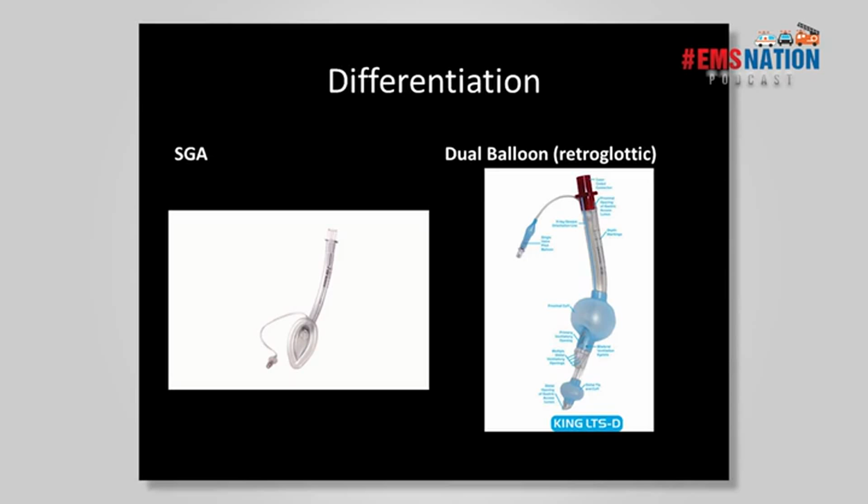Those are the retroglottic airways, and I will show what that means in just a second. So EGD is a whole family, and that can be further broken down into superglottic airways and dual balloon retroglottic airways, okay?